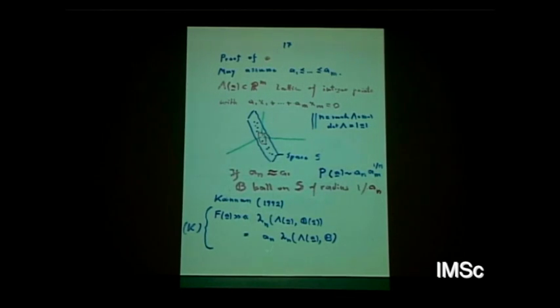And Kannan in 1992 showed the following, that this Frobenius number f of a is of order of magnitude, let's look right at the last line, an times the nth minimum of this lattice lambda of a with respect to the ball of radius 1. So forget about what is written on top. So f is of this order of magnitude. So here we have some connection now with the lattice, right?